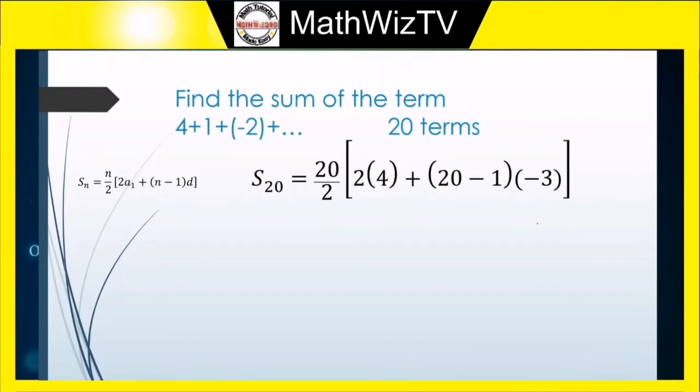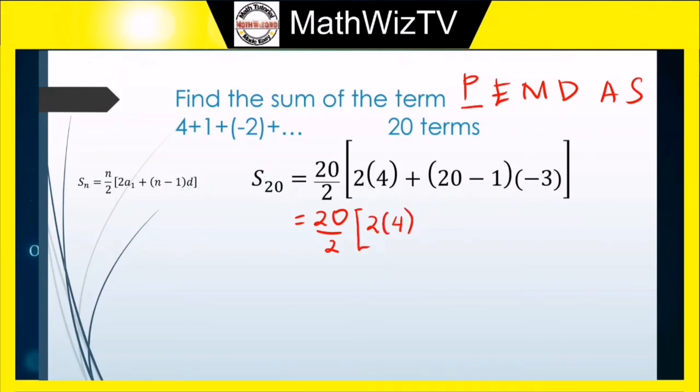After we substitute the important variables, let us now solve our S sub 20. Again, we follow the PEMDAS rule, wherein we start at our parentheses. Inside the parentheses first, S sub 20 is equal to 20 divided by 2 times 4 plus, inside the parentheses, 20 minus 1 is equal to 19 and then multiply to negative 3.